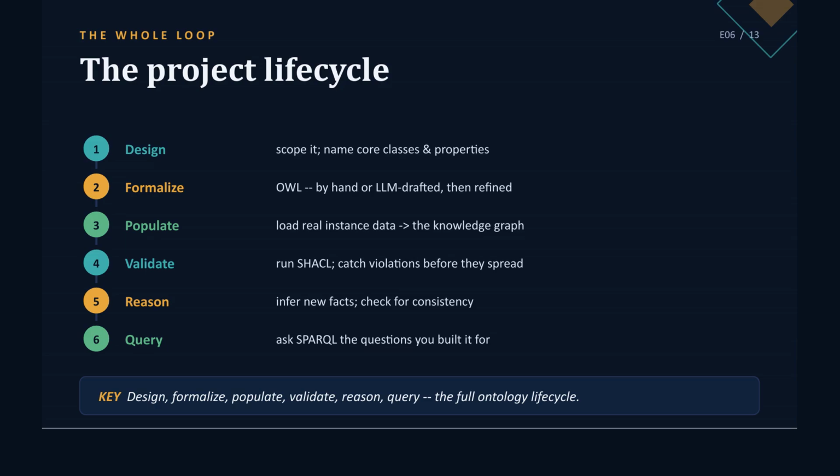Fourth, validate it, run SHACL, to catch every violation before it can spread. Fifth, reason over it, let the engine infer, and check the whole thing for consistency. And sixth, query it, finally ask SPARQL the very questions you built the whole thing to answer. Design, formalize, populate, validate, reason, query. That, in full, is the life cycle.